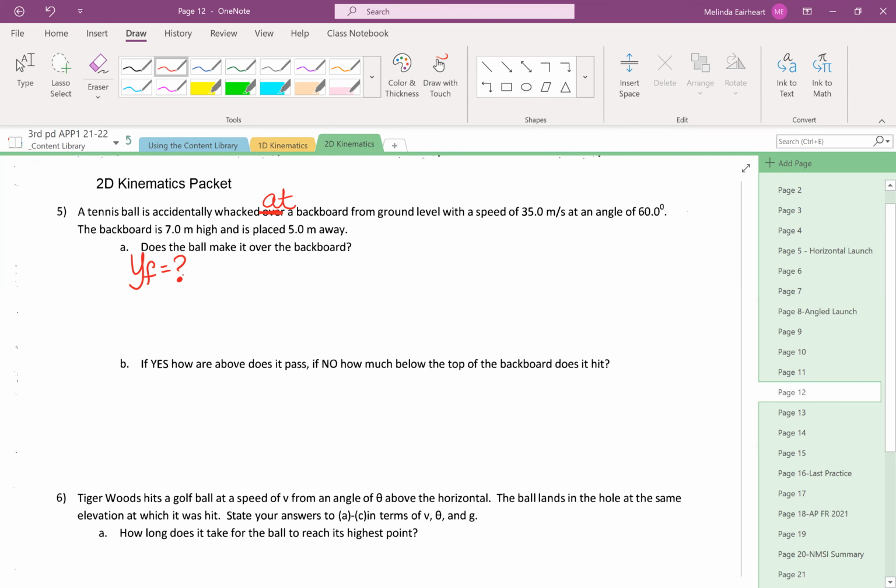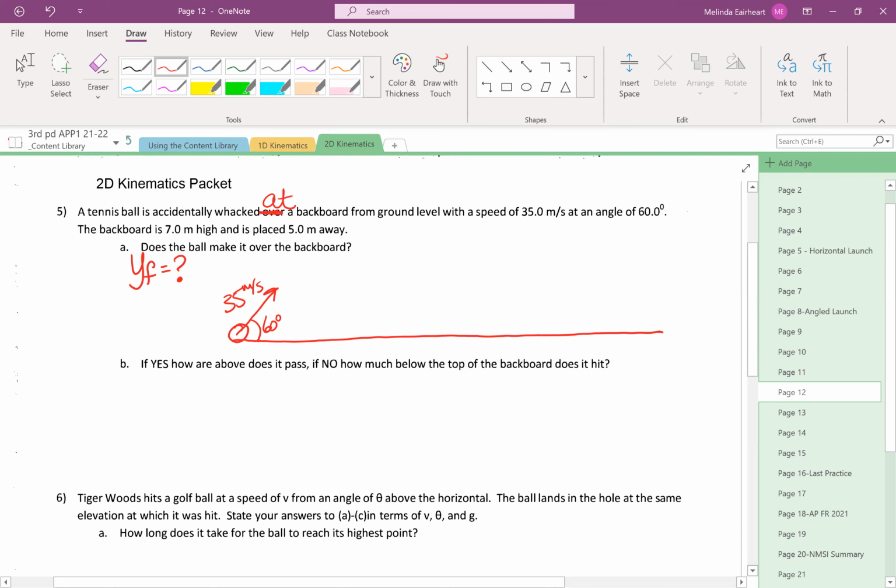And so I'll get you started with a little picture. The ball, we'll say, is basically starting on the ground. We're going to hit it up at 35 meters per second at 60 degrees with the horizontal. So maybe give ourselves a level playing ground. Maybe the backboard is over here.